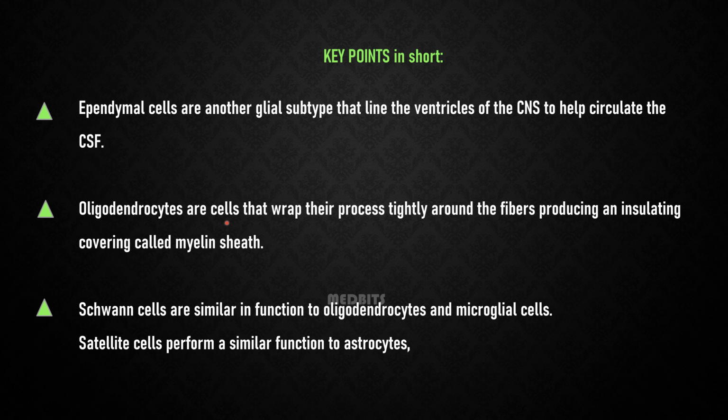Oligodendrocytes are cells that wrap their processes tightly around the fibers, producing an insulating cover called myelin sheath. Schwann cells are similar in function to oligodendrocytes. Satellite cells perform a similar function to astrocytes.